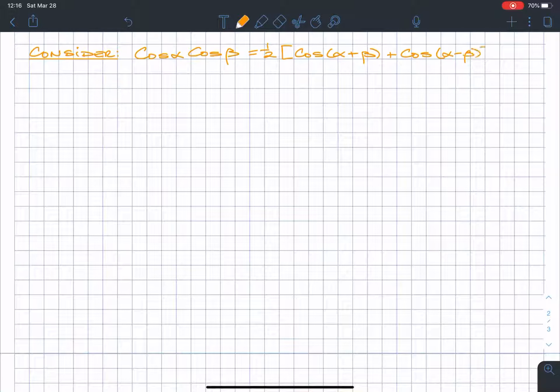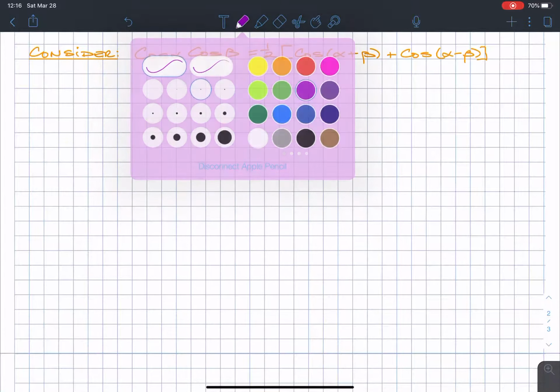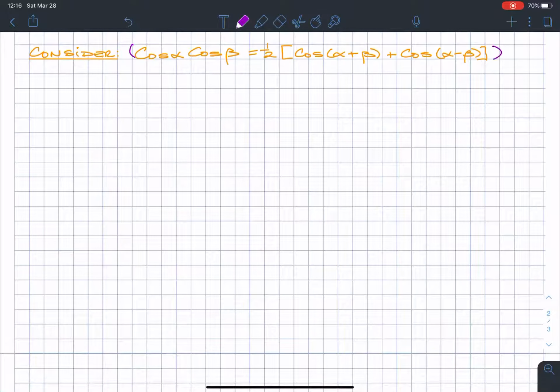And what I'd like to do is eliminate the 1/2. So I'm going to multiply both sides of this equation through by 2 to get rid of that. So on the left, we'll now have twice cosine alpha cosine beta is equal to what's inside the bracketed remark, namely cosine alpha plus beta plus cosine alpha minus beta.